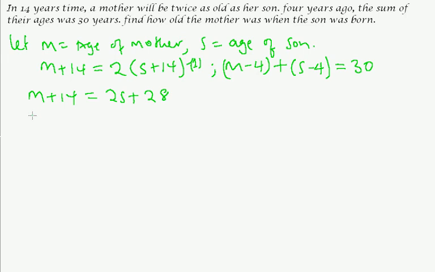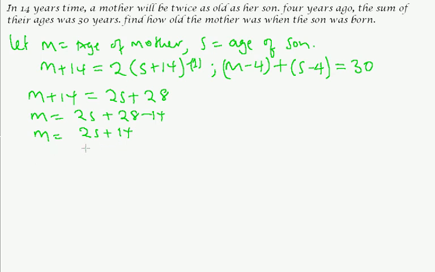Then m is equals to, let's move this 14 to the other side so it becomes negative, so it becomes 2s plus 28 minus 14. So m becomes 2s plus 14. So now we know the value of m.